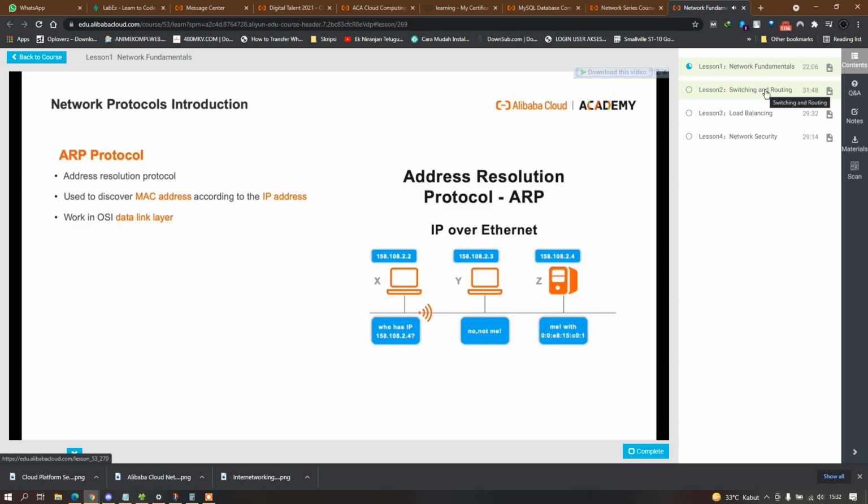Basically in the layer 2 network, it is using the MAC address to find each other. So that's why we need to know the MAC address according to the IP address. And for ARP, one thing we should know is that it works in the OSI data link layer because the data link layer is using the MAC address to do location. This is what we should know about the ARP protocol.